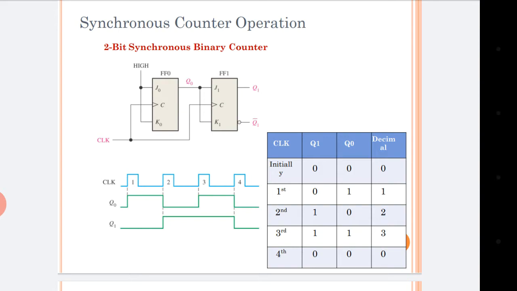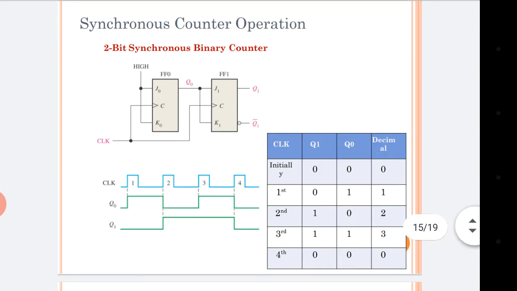So, the first flip-flop is going to toggle for every rising edge of the clock, and the second flip-flop is going to toggle whenever Q0 is 1 and the rising edge of the clock is there.